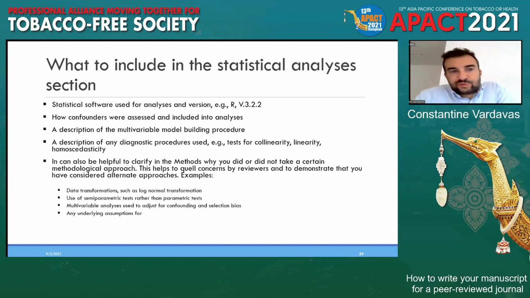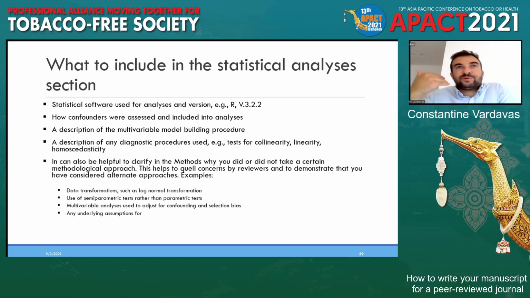So you should note the statistical software used for the analysis, and the variables and confounders assessed and included in the analysis. If you're using different types of statistics, remember it's good to start off with your basic statistics. Without this becoming a statistics course, you start off with your univariate and your bivariate analysis, and then you go into more complex models.